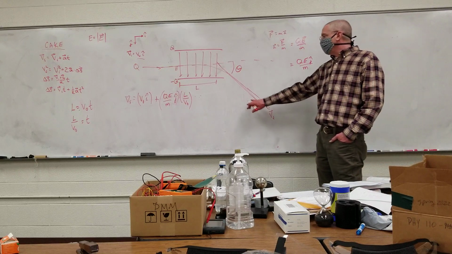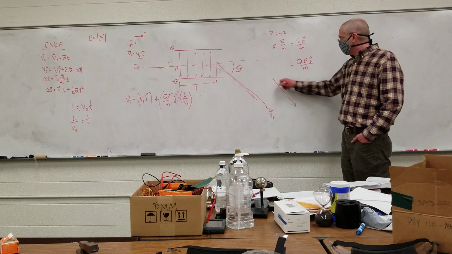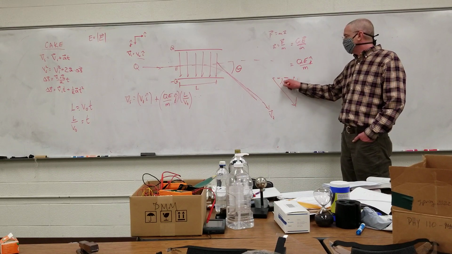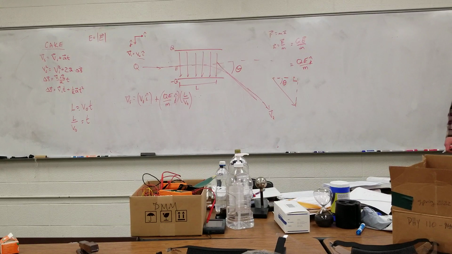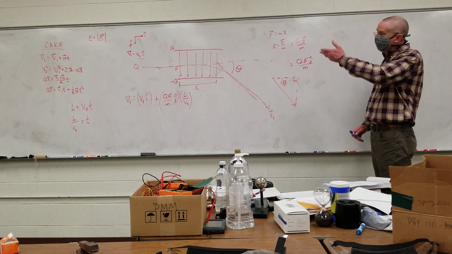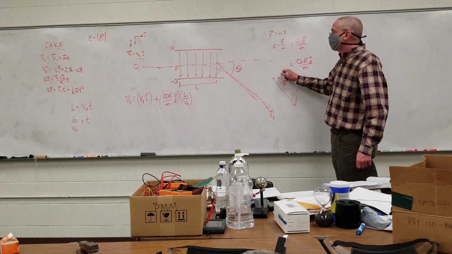All right, so I know what the final velocity is, and I'm trying to find that angle. Well, my final velocity is in that direction. That's a right angle there. This is theta. If I had some way of figuring out the ratio of the sides of this right triangle, I can figure out theta, and lo and behold, we have it right there. The horizontal component is proportional to V sub naught.